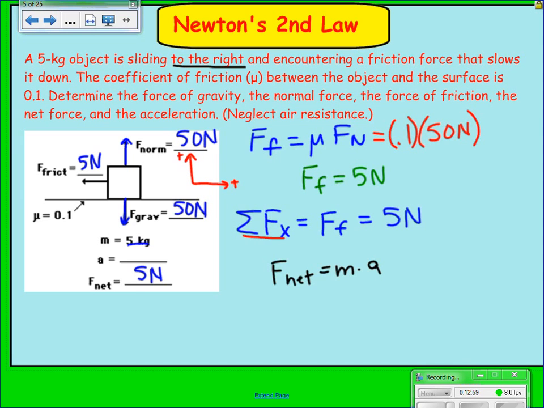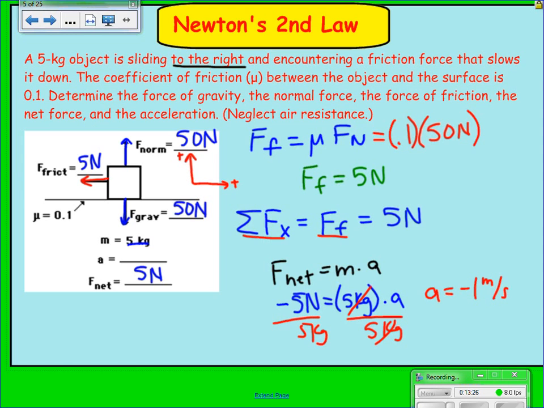Since my force net comes from force friction, and friction is pointing to the left, then that means when I plug in force net, I'm going to plug in negative 5 newtons, equals my mass, 5 kilograms, times my acceleration. Divide both sides by 5 kilograms, and I end up getting my acceleration is negative 1 meter per second squared. Once again, notice the acceleration is negative, the force net is negative.